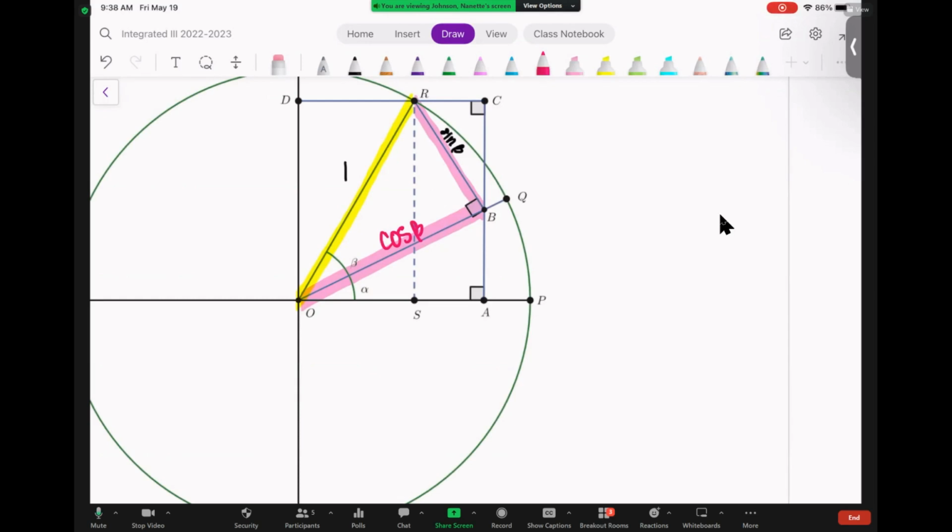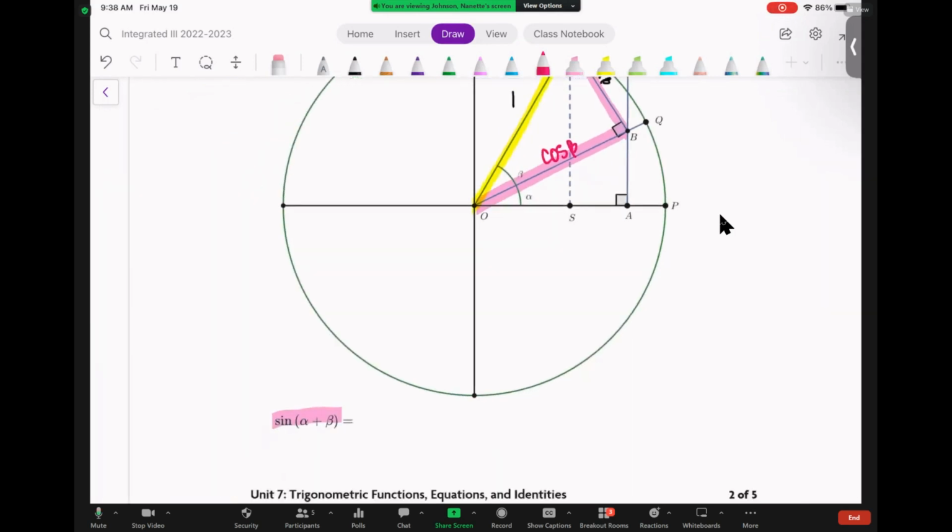So now that I know that, I can now move on to other right triangles. Now your brain should always go like this: oh, let me move on to this right triangle. If you look at this, there's a lot of right triangles that I can talk about, but there's only some of them that I'm actually going to find because I don't need everything. Our whole goal is to find sine of alpha plus beta.